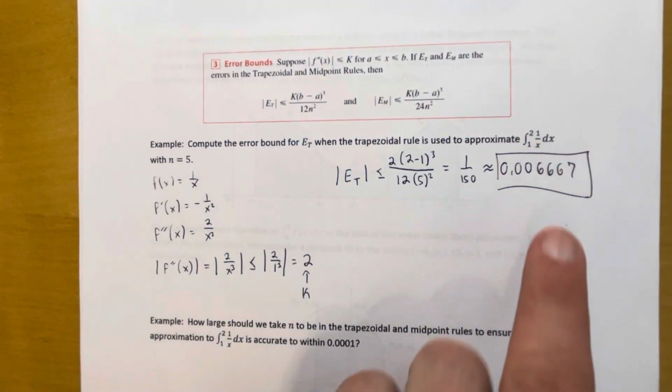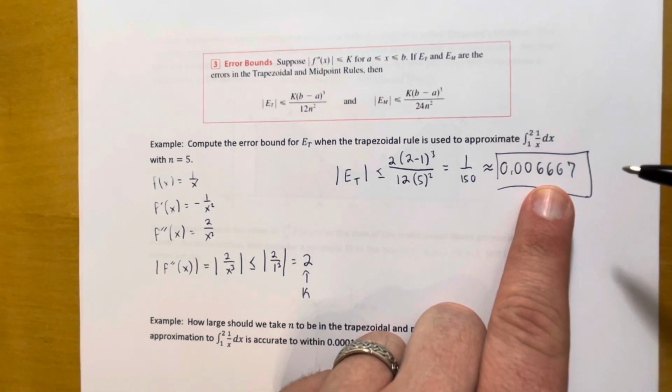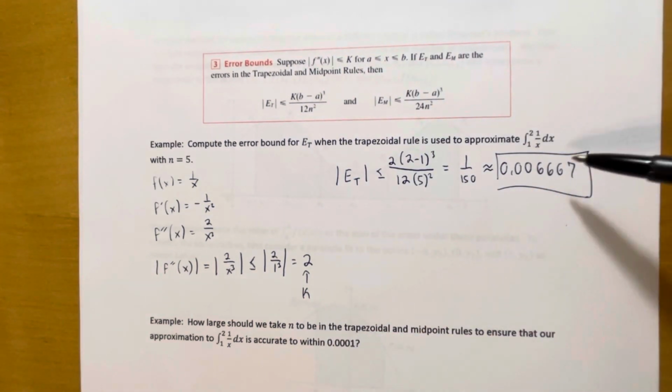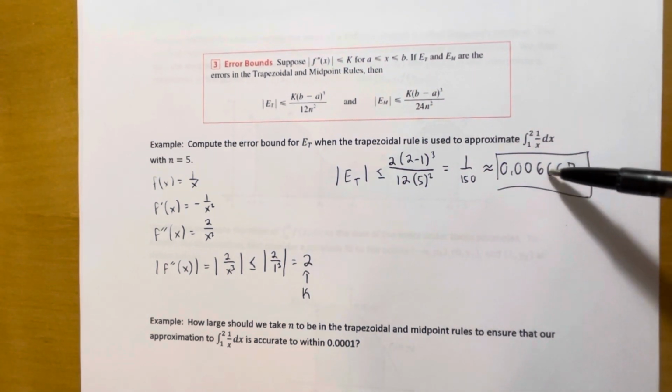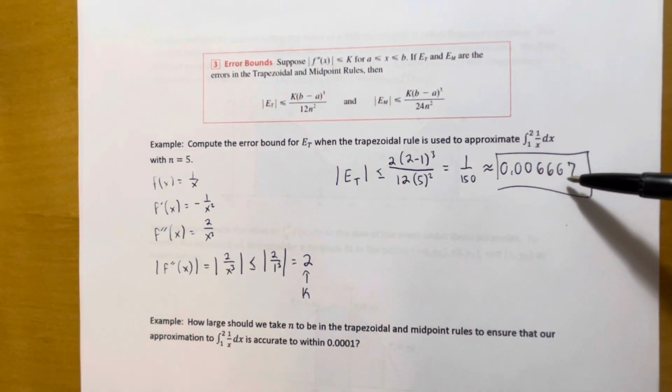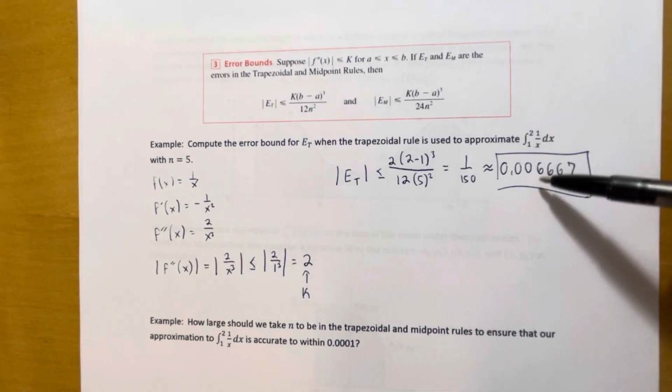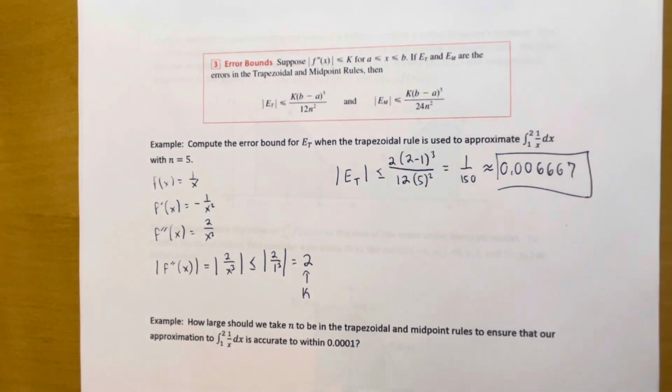So remember that this is the absolute largest that error can be. It doesn't mean that the error is going to come out to exactly that or even close to that. The error can be significantly smaller than what this error bound is showing us. It just cannot be bigger than that. Okay?